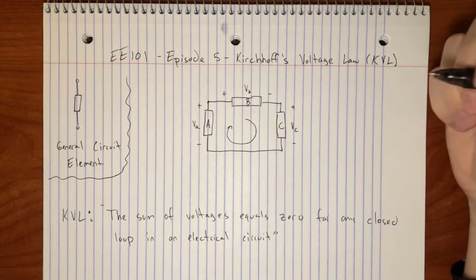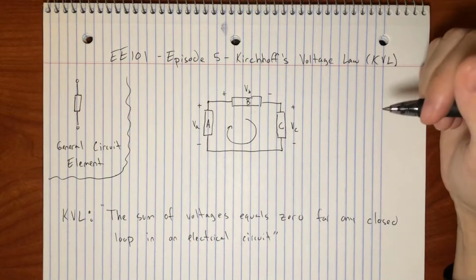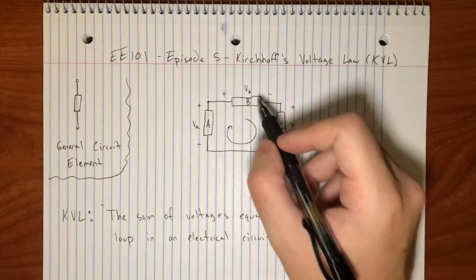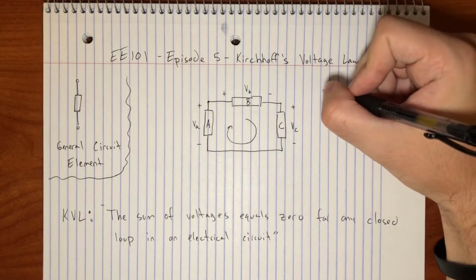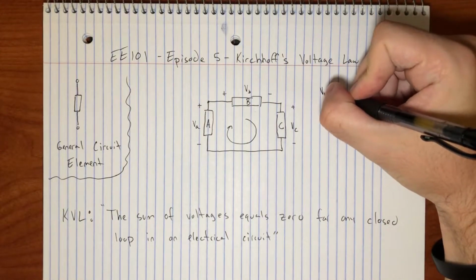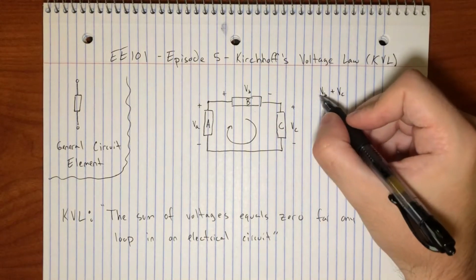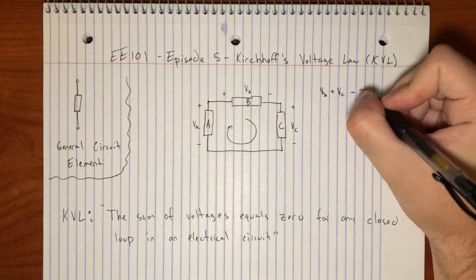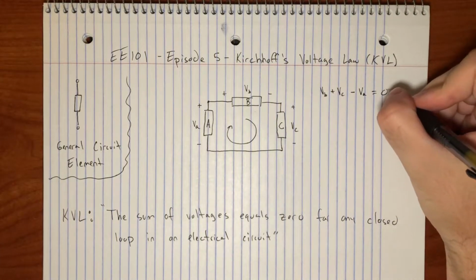So now, based on the convention that I chose to apply, let me write this down in an algebraic form. Now recall that in this case, I said VB and VC are positive and VA is negative. So as I write this, it's plus VB plus VC minus VA equals 0.